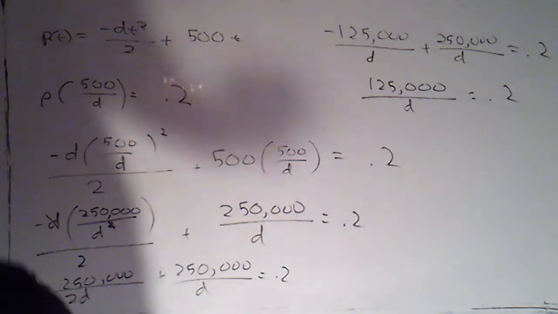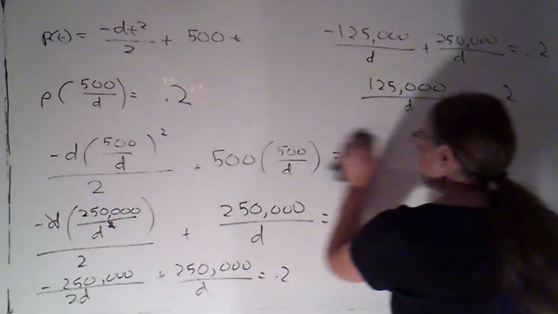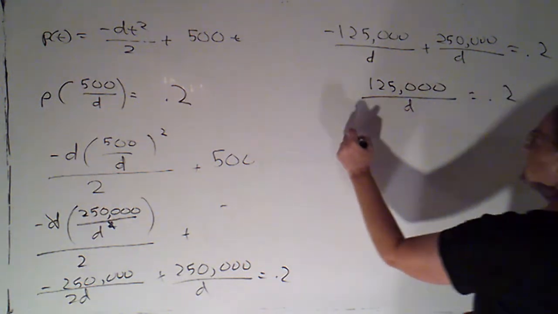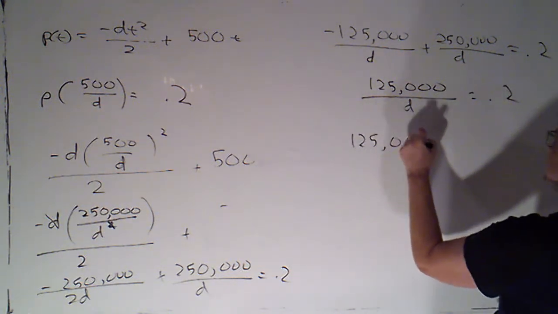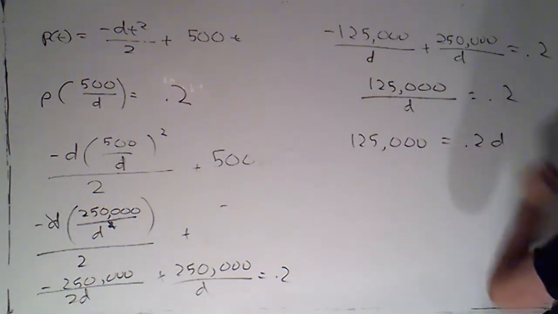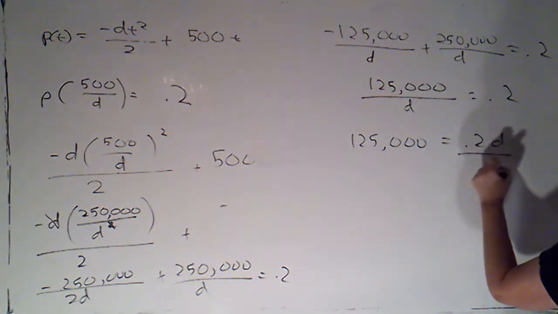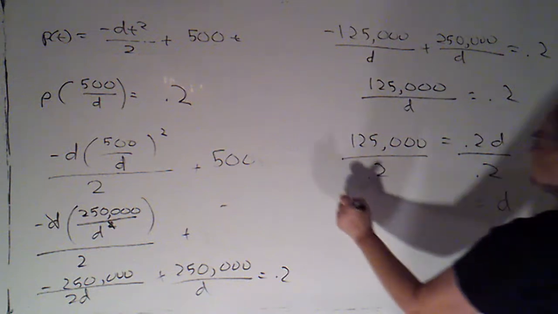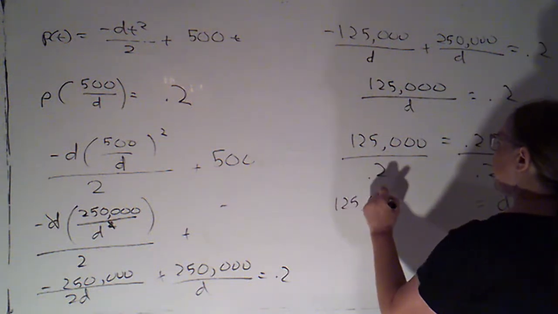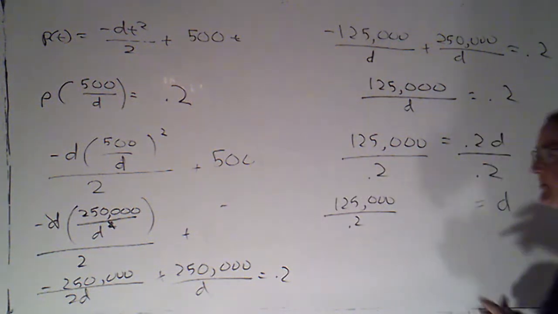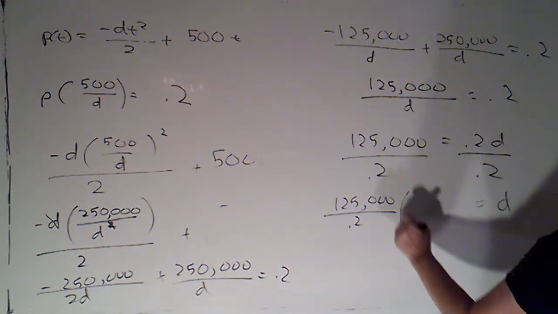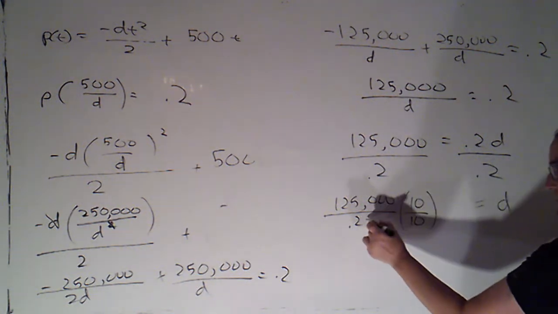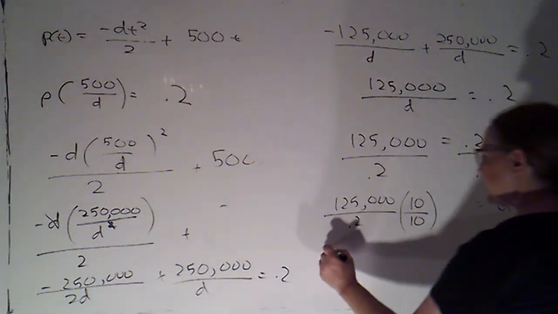Let's see. Let's clear some space here. So if I multiply over by d, 125,000 is equal to 0.2d. Let's divide both sides by 0.2. So d is 125,000 divided by 0.2. I'm just going to multiply by 1 in the form of 10/10 because that's going to move that decimal. So that'll add a 0 on top.